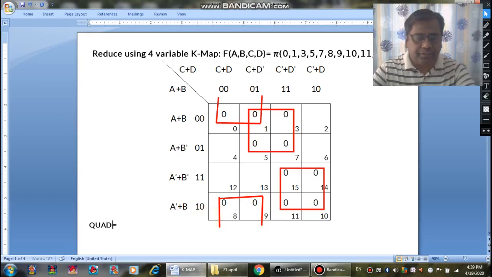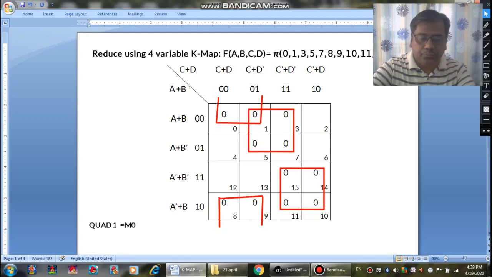Let's say we are taking quad 1 as M0 dot M1 dot M8 dot M9.